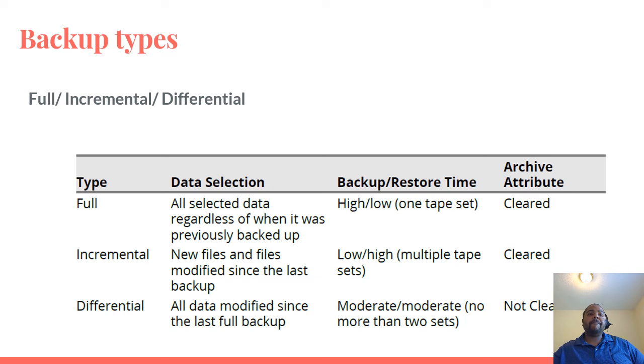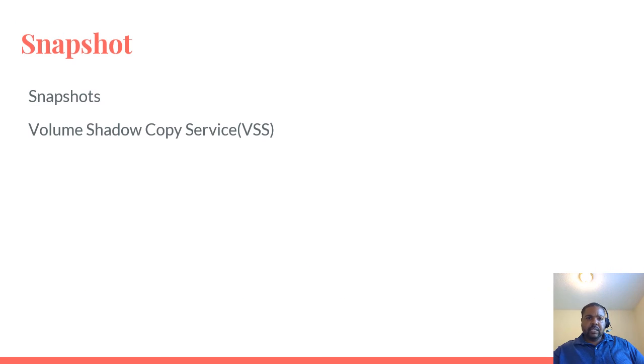Right. So snapshots and the volume shadow copy service. Whenever you see these two things, just know that this is kind of like freezing time on data, and it could be used to go back to, kind of like when I was talking about the VMs and having that known good state.